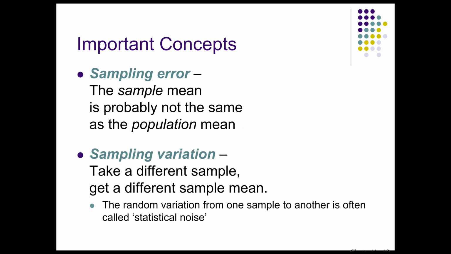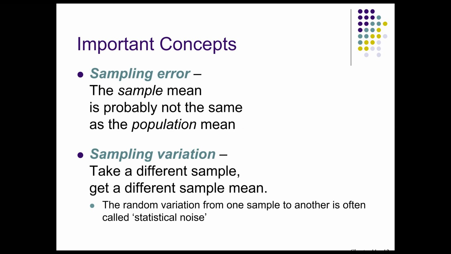And so when you're taking a subset, a smaller group from the population, a sample, you're not going to get all of the people that were in the population. So there are going to be differences between the real population mean and the sample mean that you get. The difference between your sample mean and the population mean is called sampling error. That's mistakes, right? Your sample mean does not perfectly match the population mean. There's some error there.